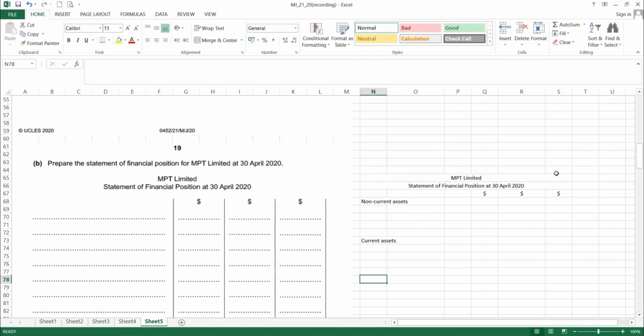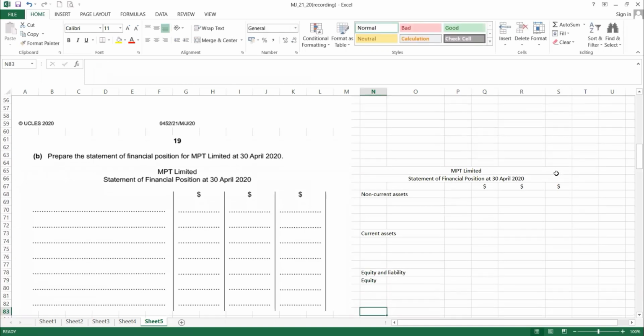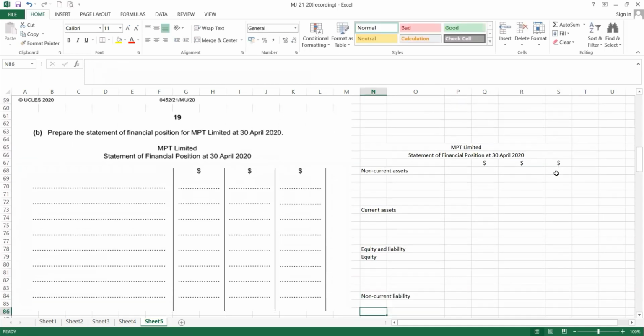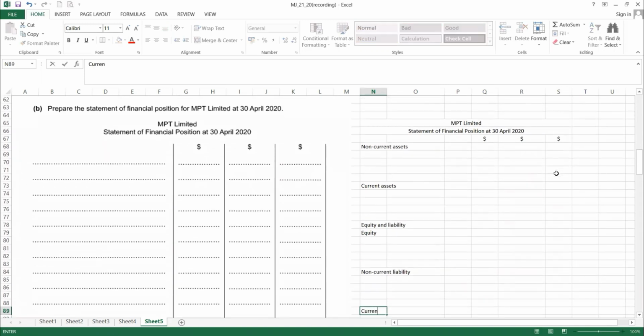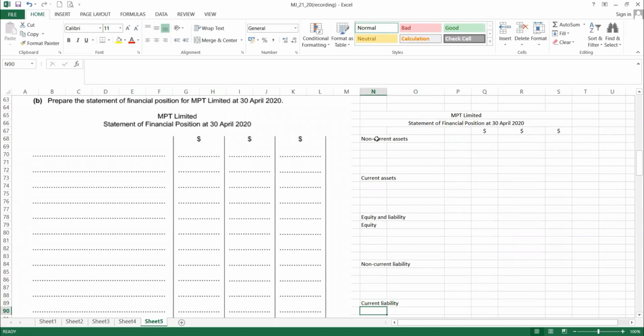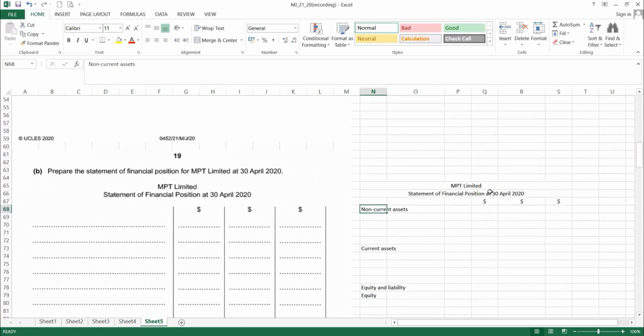And then after that, because this is a company, we put equity and liability because it is a company account. So with the equity section, after that, non-current liability, and then last is the current liability. So all the sections we put in, now we go and see what are the items that we have here.